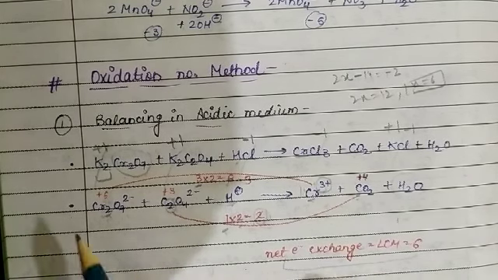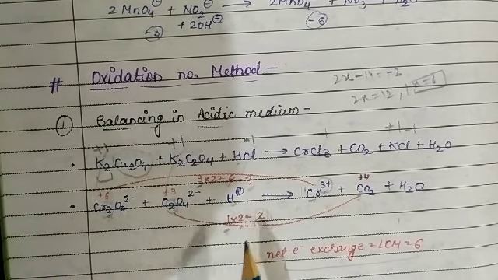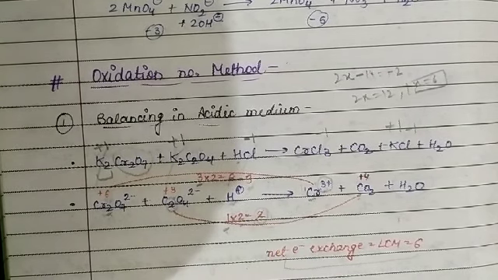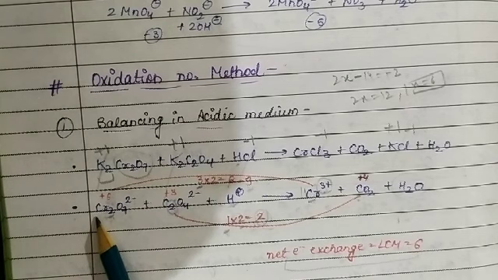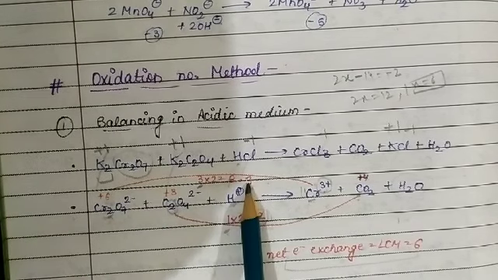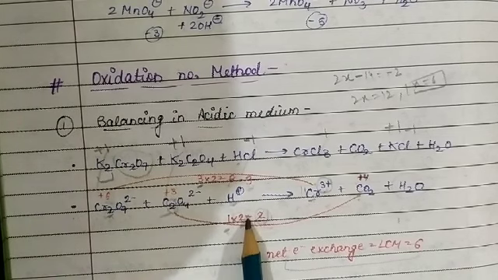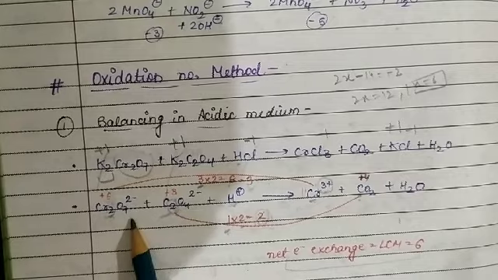See. For chromium, total change in oxidation number is 3. For carbon, total change in oxidation number is 1, because we have cancelled out 6 and 2 to get 3:1. So cross multiply. 3 is the change for chromium, so 3 is multiplied by oxalate. And 1 is the change for oxalate, so 1 is multiplied to Cr2O7 2 minus.